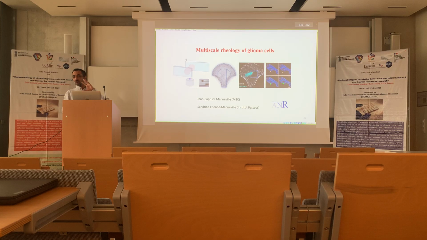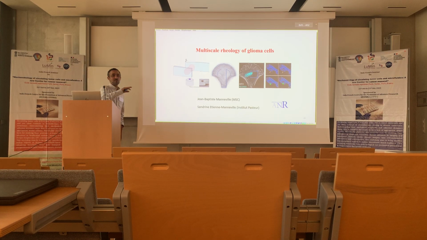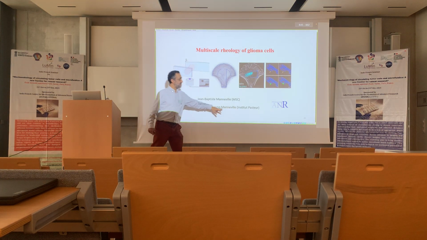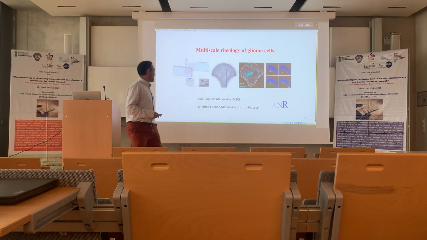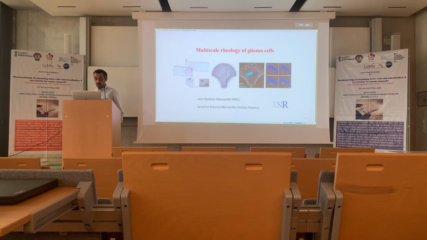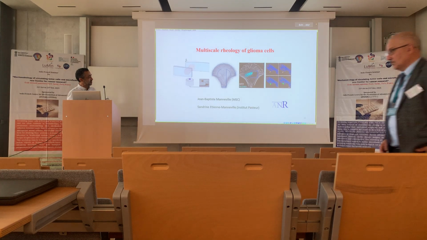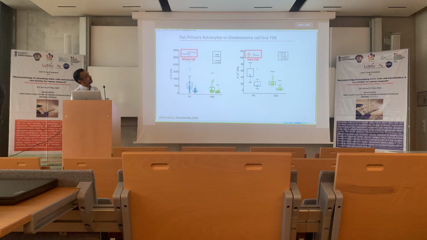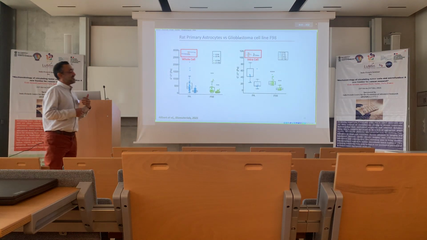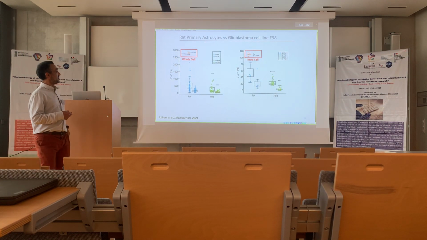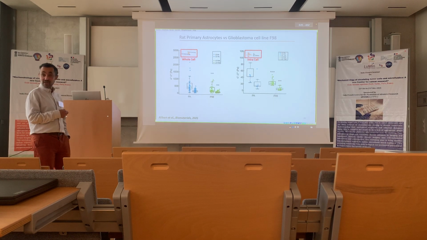Okay. And then I want to go to another part, and this one is more about cancer. Very quick, and this is a collaboration with Saint-Étienne Manville at Institut Pasteur, who is working on the biological side, because I'm a real physicist, as I mentioned. So here, first, I am comparing the mechanics of primary astrocytes and the glioblastoma cell line F98 from rat.